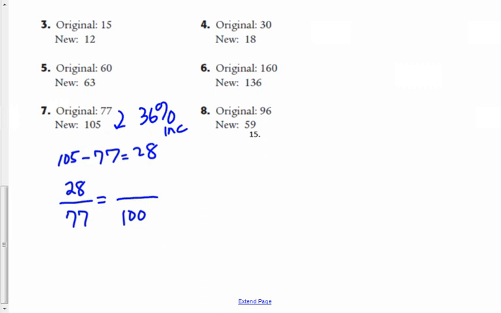Now for a decrease, we do the same thing, find out how much change there is by finding the difference. So 96 minus 59 is 37. That's my part. My original is my whole.